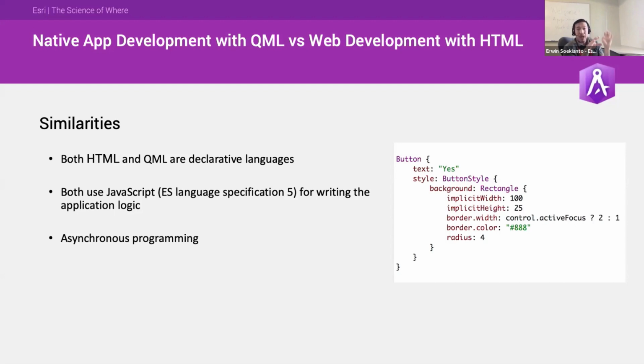So in that way, it's very similar. I know the ES version of JavaScript on the web is way ahead now, but for AppStudio, we're using ECMAScript 5. And both of them follow asynchronous programming. Everything just flows, and then you have an event listener for when an event happens, such as a click of a button. Sounds good. I hope I set the expectation clearly, so you see how similar creating a native app with AppStudio is to doing web development.